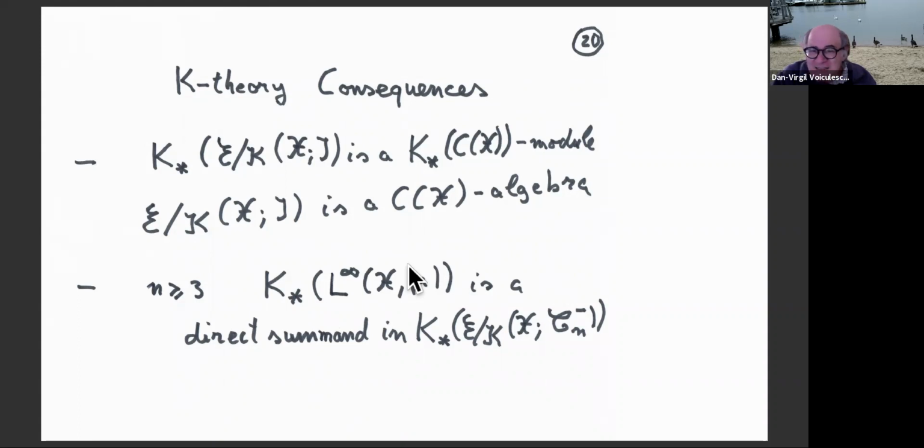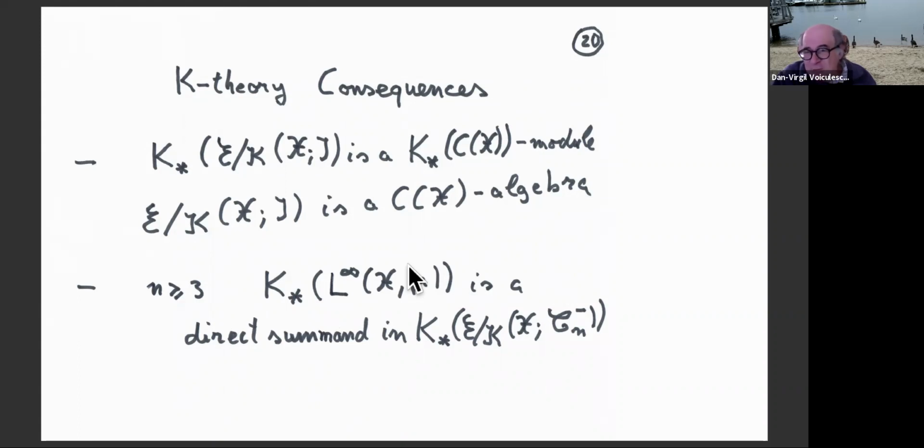So if n is larger than or equal to 3, the K-theory of L infinity is a direct summand in the K-theory of the Calkin algebra. But this shows another thing. First of all, it is not coming from a continuous field of C-star algebras, but results like this also show that the K-theory of these manifolds is not homotopy invariant.